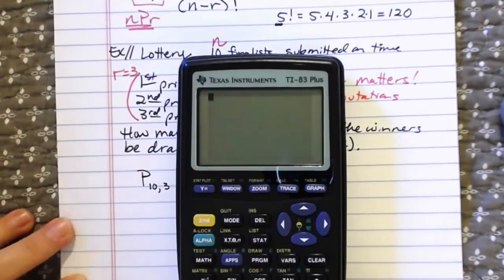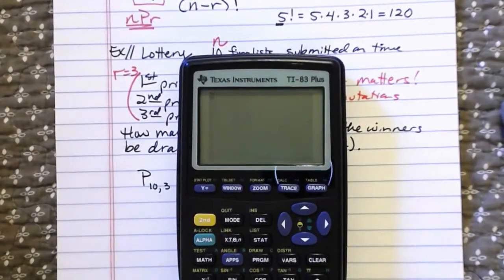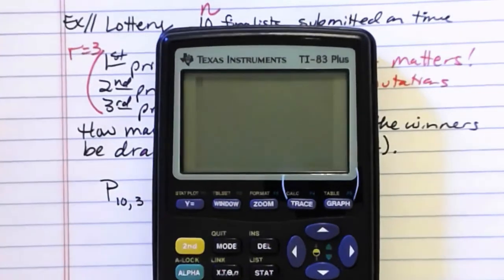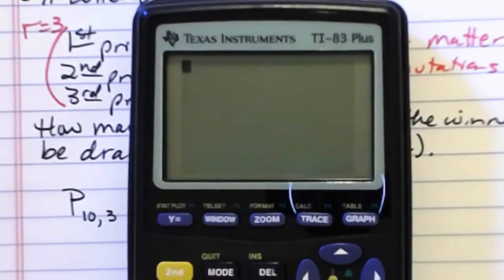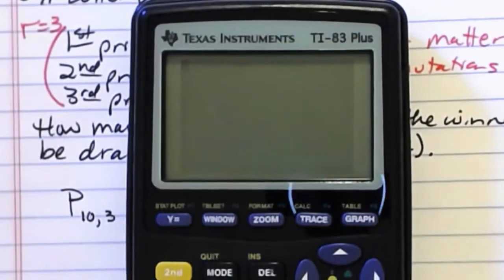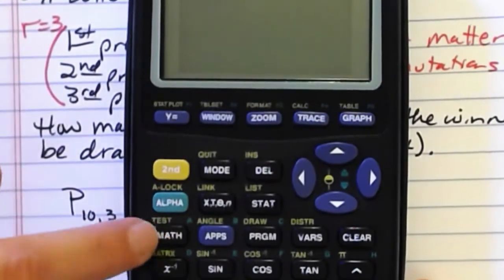So if here is your calculator screen, and let me actually see if I can zoom in on this for you, just so you can see it a bit better. And get our focus. Hold on just a second here. There we go. Okay, so press your math key.